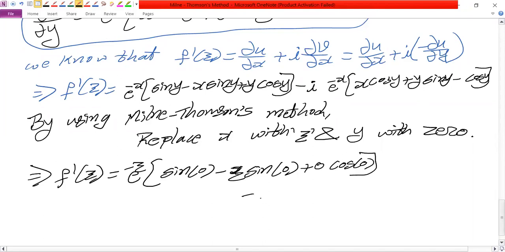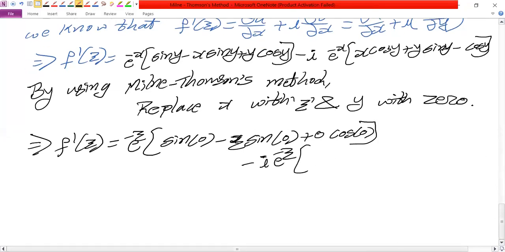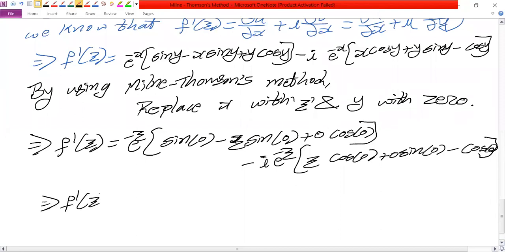Then minus i into e power minus z into z into cos 0 plus 0 into sine 0 minus cos 0, because y equals 0. On simplification, f dash of z equals e power minus z into: sine 0 is 0, the second term also 0, plus 0 into cos 0 is 1, so we get 0 only.